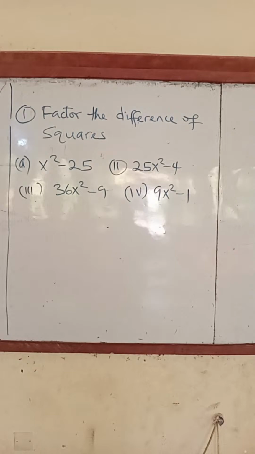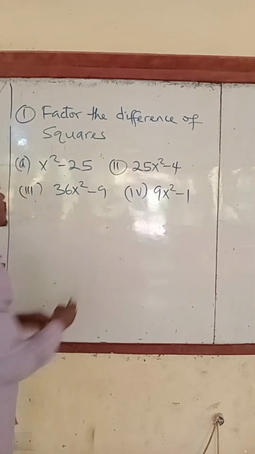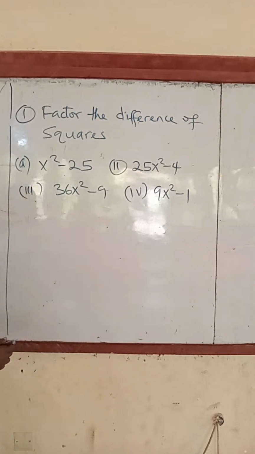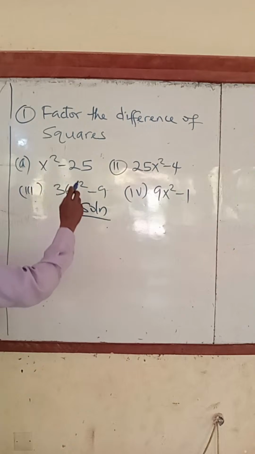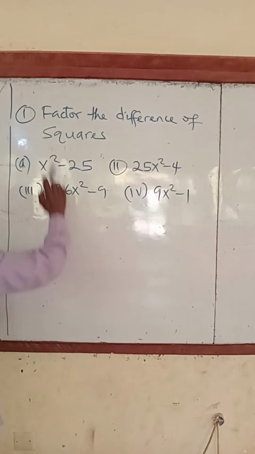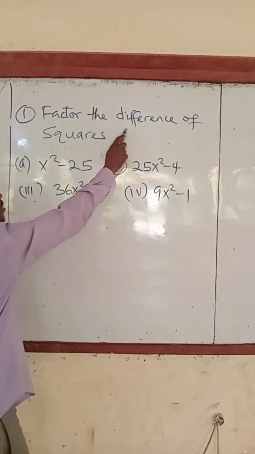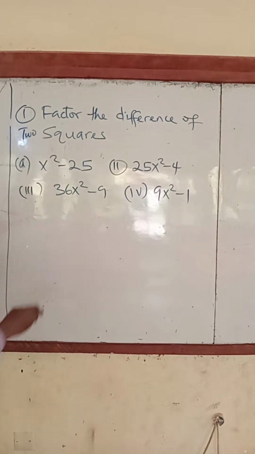So this is what we have now on these segments. The first one, solution. Before the solution, the question is: factor the difference of 2 squared.